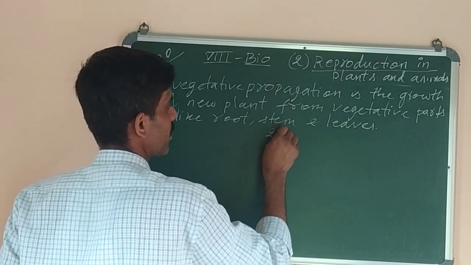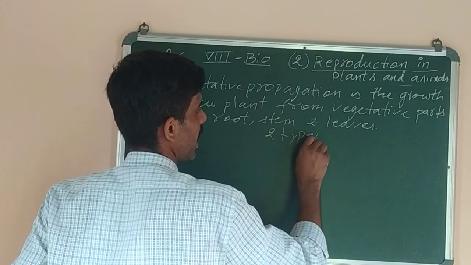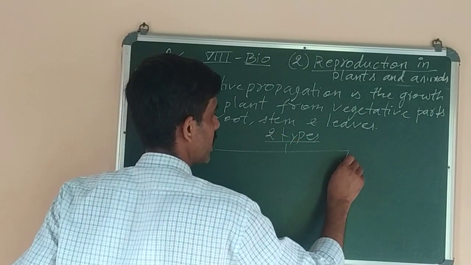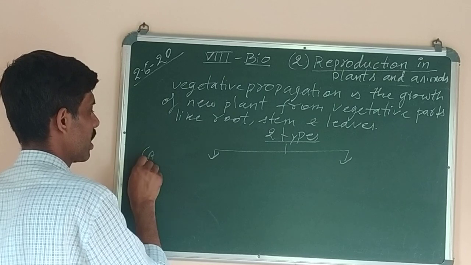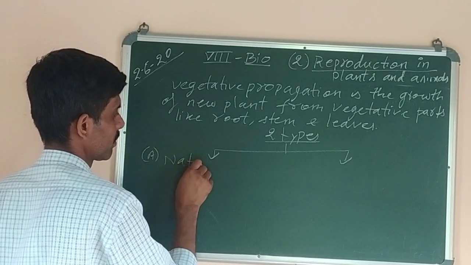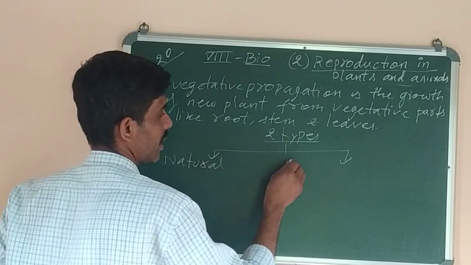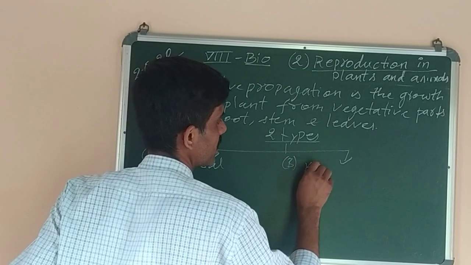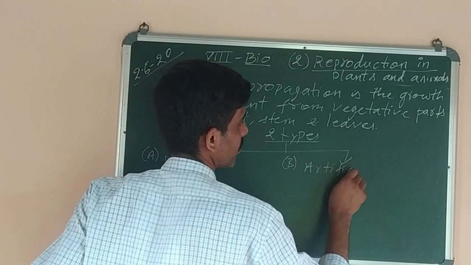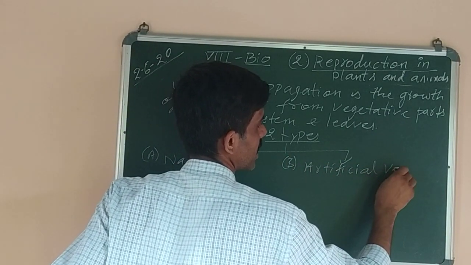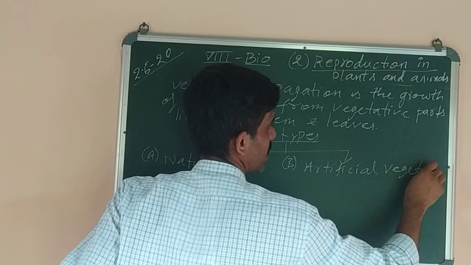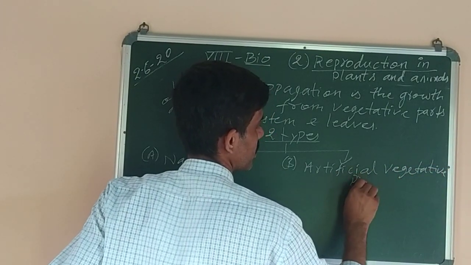There are two types of vegetative propagation, natural and artificial. What are they? Number A, natural vegetative propagation, and number B, artificial vegetative propagation.